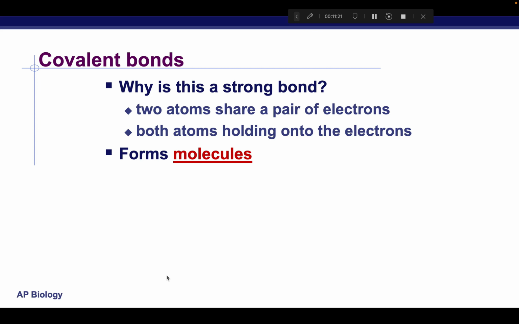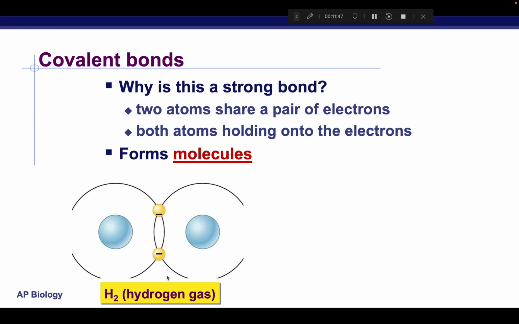So think about it, if you have two little kids fighting over a toy and they're both grabbing it and pulling on it, they both want to pull it towards themselves. And in so doing, they're attached to one another. They are stuck together. It's very much the same for covalent bonds. And when covalent bonds form, the atoms join together to form molecules.